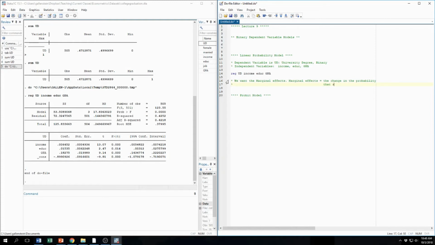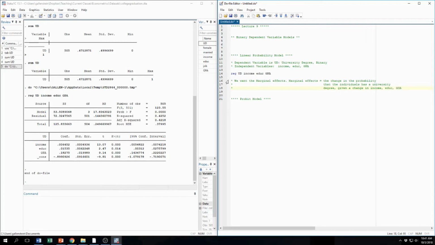that the individual has a university degree given a change in, what do we have, income or education of the parents or GPA.